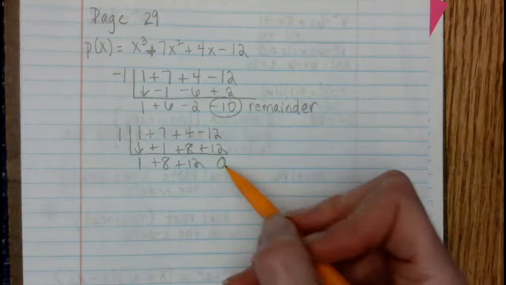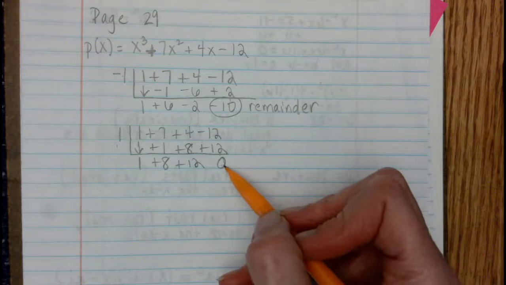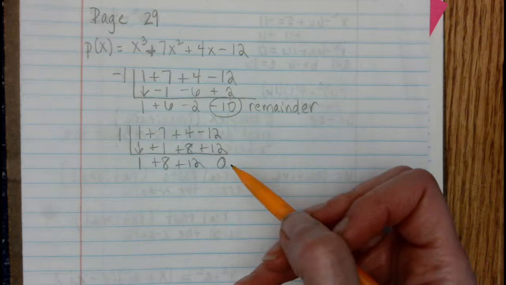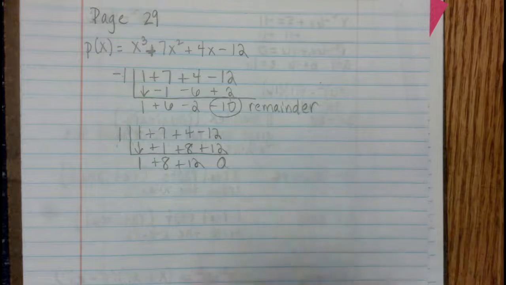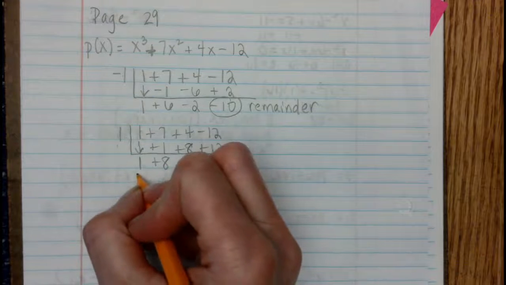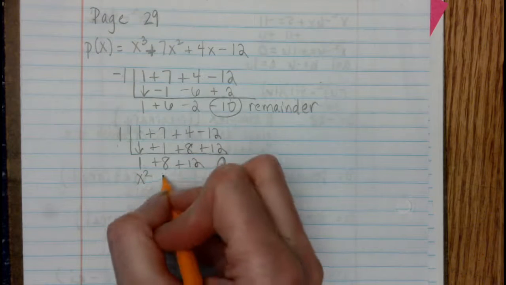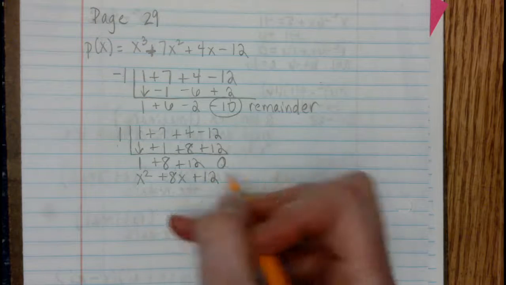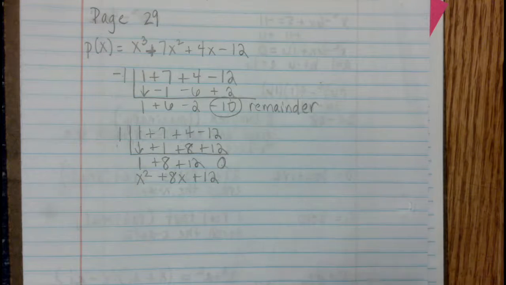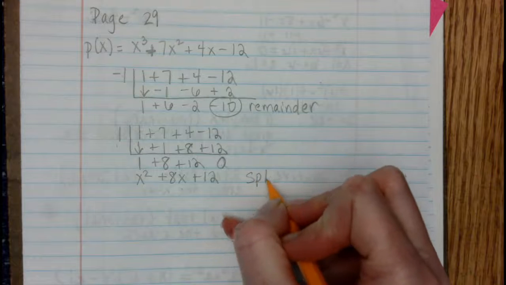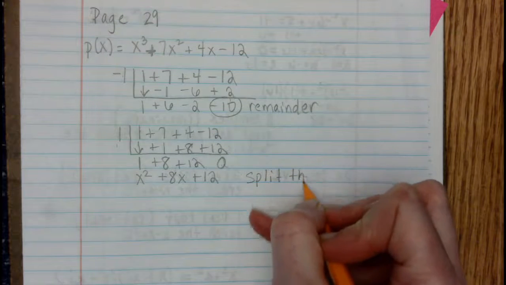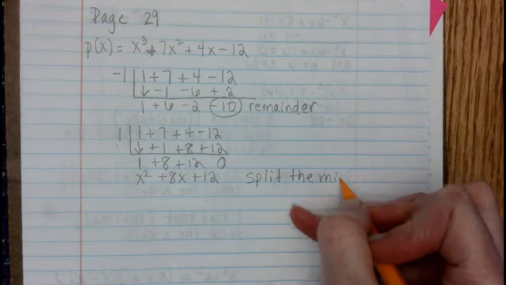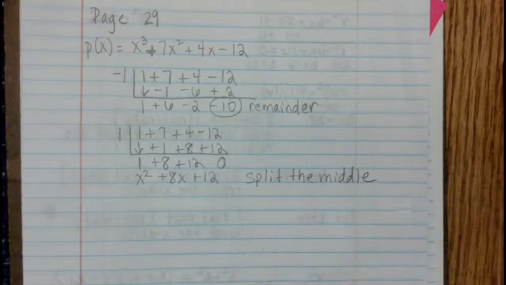Because 0 is the remainder, nothing's remaining. What we're left with then is 1x squared plus 8x plus 12, and let's try to split the middle, because we want to find all of our answers here.